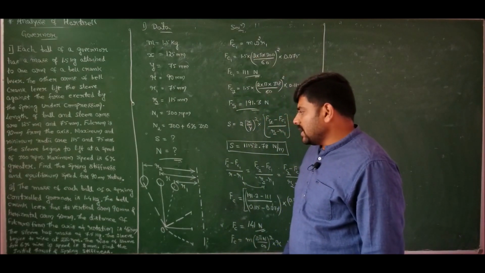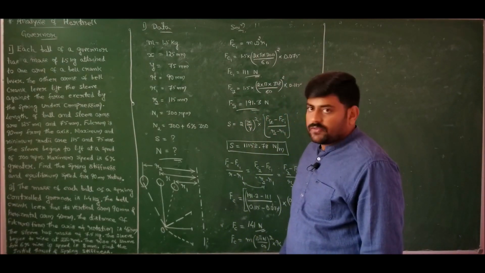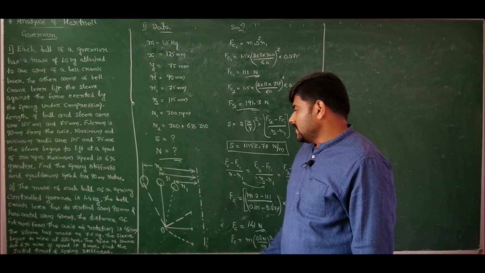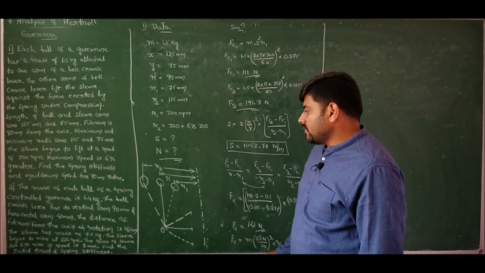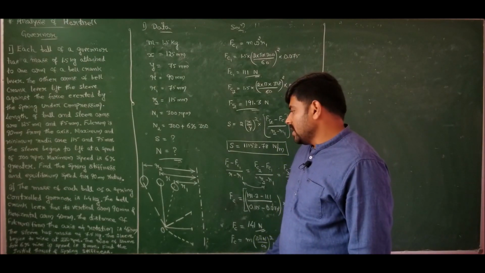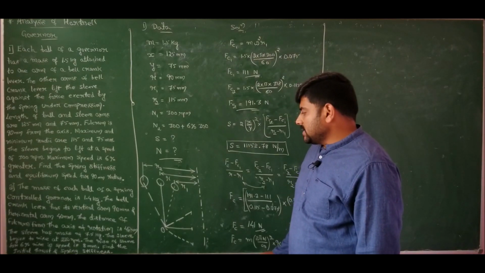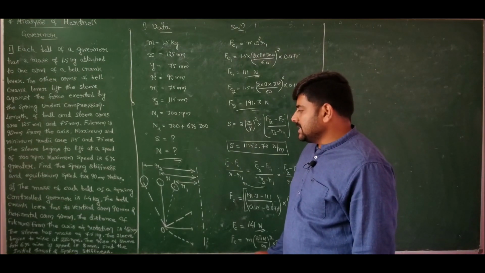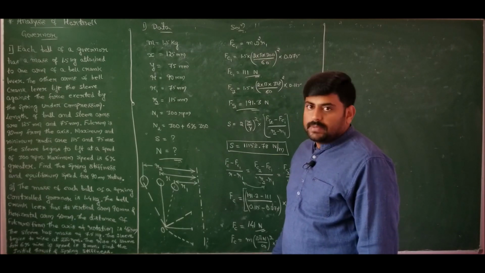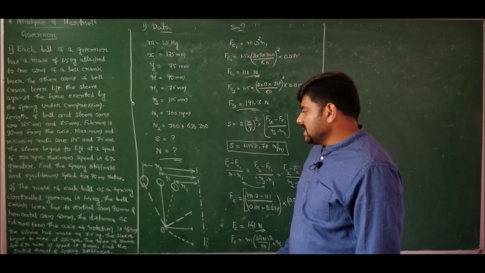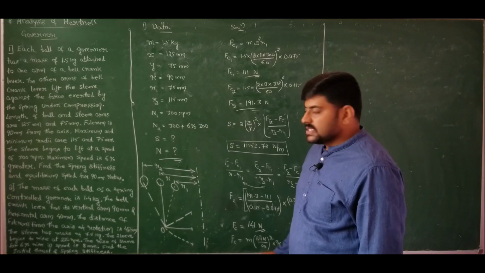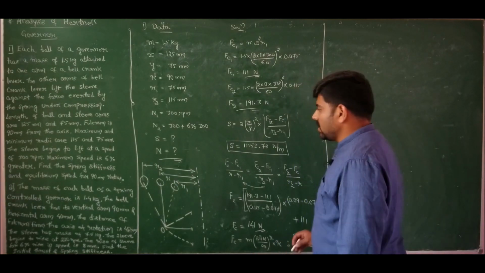The distance of the fulcrum from the axis of rotation is 45 mm, that is the mean radius. The sleeve has a mass of 7.5 kg. The sleeve begins to rise at 220 rpm. The rise of the sleeve for a 6% rise in speed is 8 millimeters. Find the initial thrust and spring stiffness. Let us solve this problem.